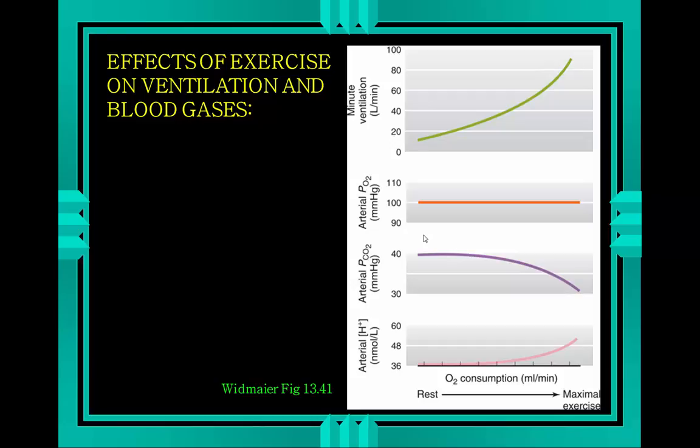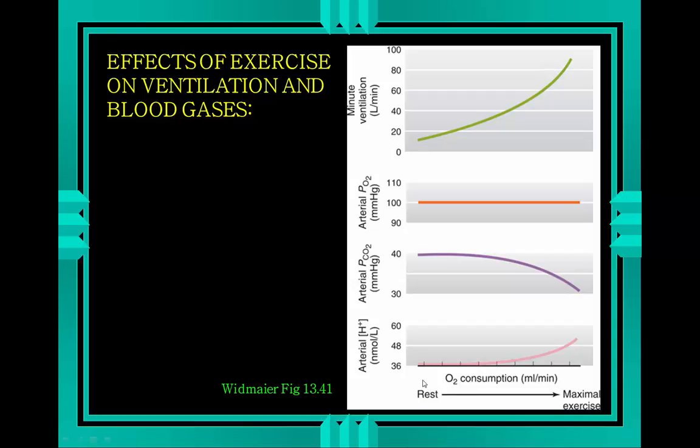Let's look at it in a little more detail again, and this is again showing what we saw in our real life demonstration in slide 2, but it's just looking at it in a bit more simplified form. Taken this from Widmaier figure 13-41. Different modalities: arterial hydrogen ion concentration, arterial PCO2, arterial PO2, and pulmonary or minute ventilation in green.